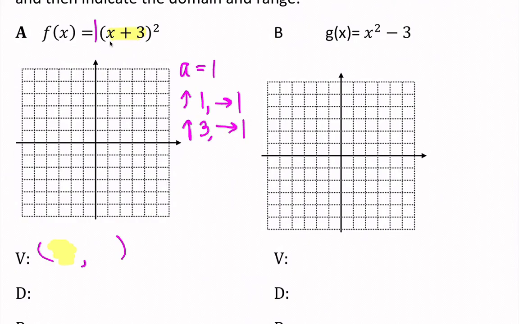Well, we know x's are liars, so what I'm going to write down is negative 3. If I want to find the y value of my vertex, I look at the back of the equation, so behind the square, and I see if there's anything being added or subtracted. Well, since there's nothing back there, I know my y value is going to be 0.